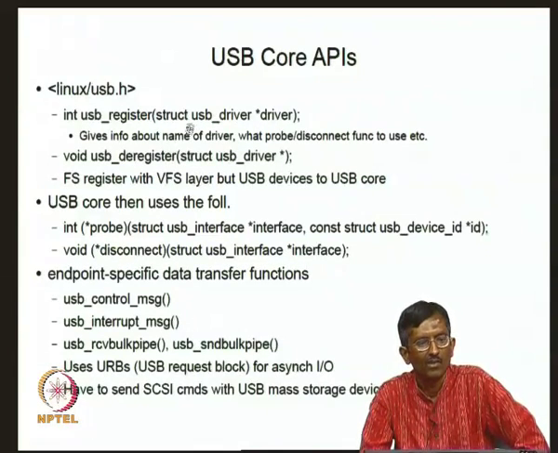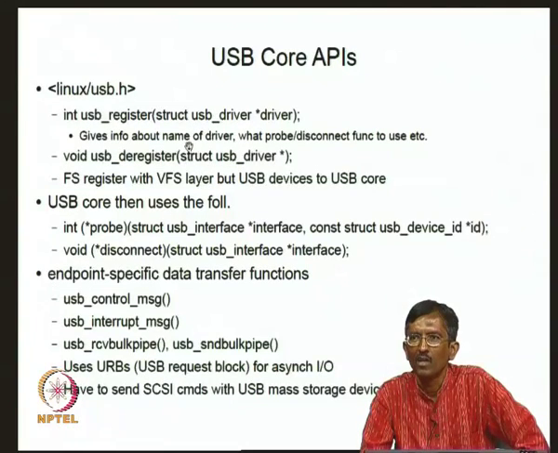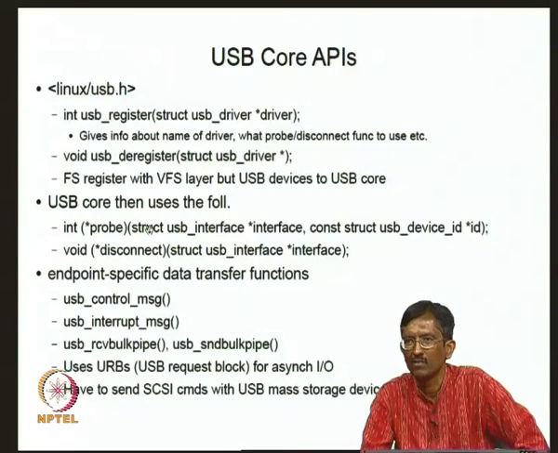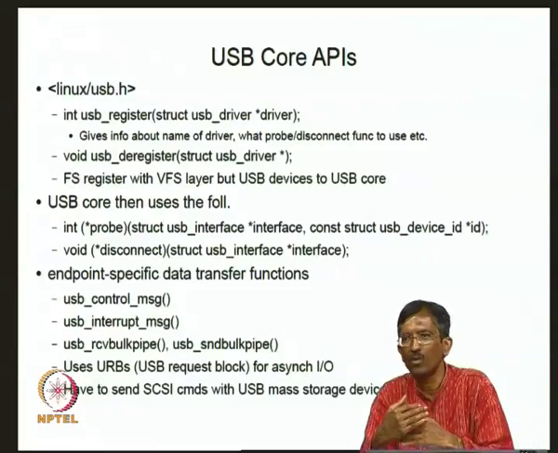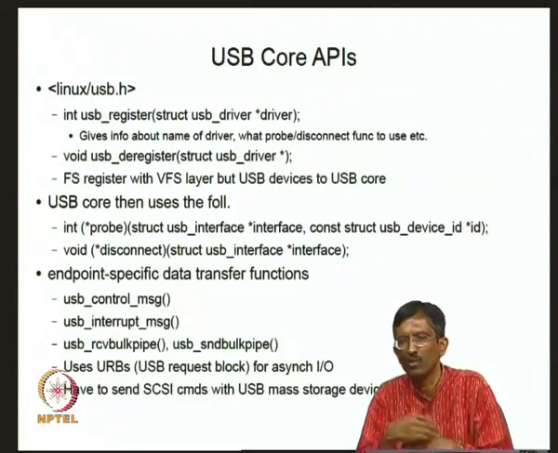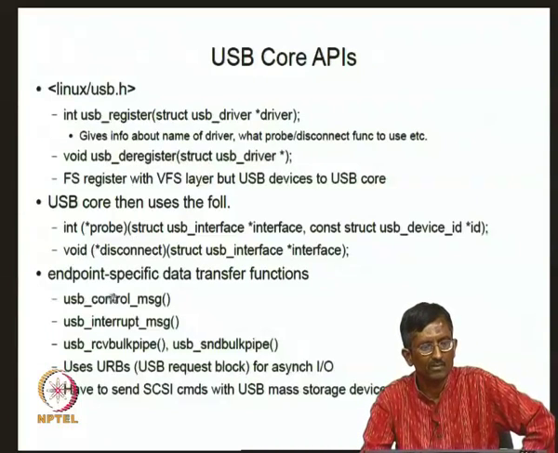The USB core uses the name of the driver, which has two functions, probe and disconnect, and of course other functions. Then the USB core calls that probe function and convinces itself that it is the right functionality. Somebody is giving information about how I should be accessed, and the kernel in turn checks again. It is just a way of checking.